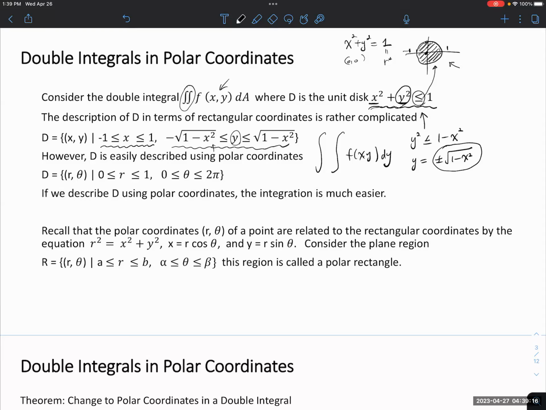But usually dy first, with the y interval. This is how you're going to set it up, isn't it? And then dx is outside, from -1 to 1. I know you are going to solve this to find the area. You can estimate the area of that circle, right?